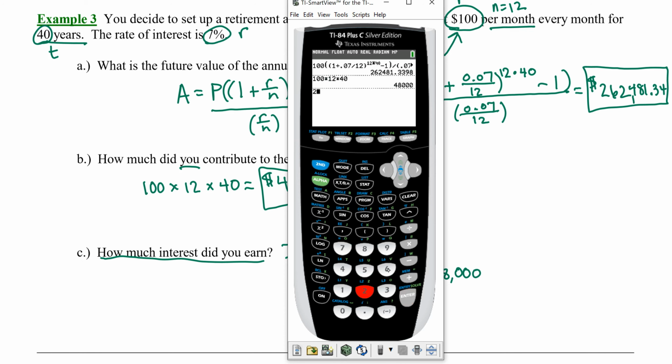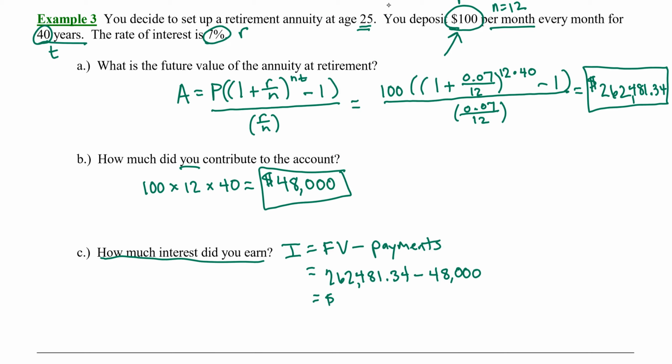So let's see how much interest we earned. The interest we earned is $214,481.34, $214,481.34 in pure interest alone.